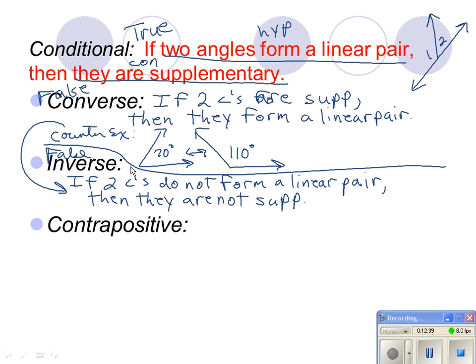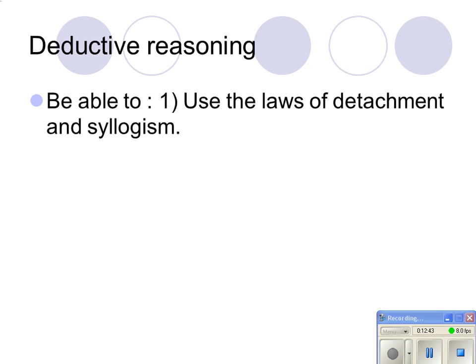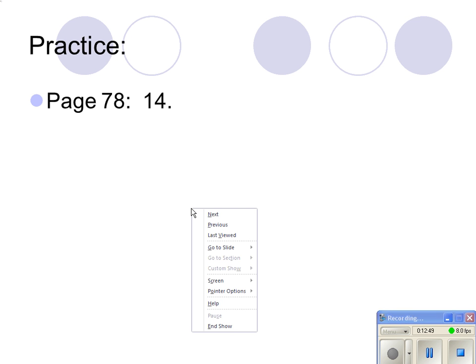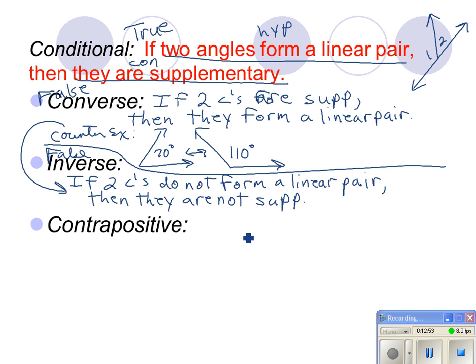Contrapositive switches the order and negates both parts.